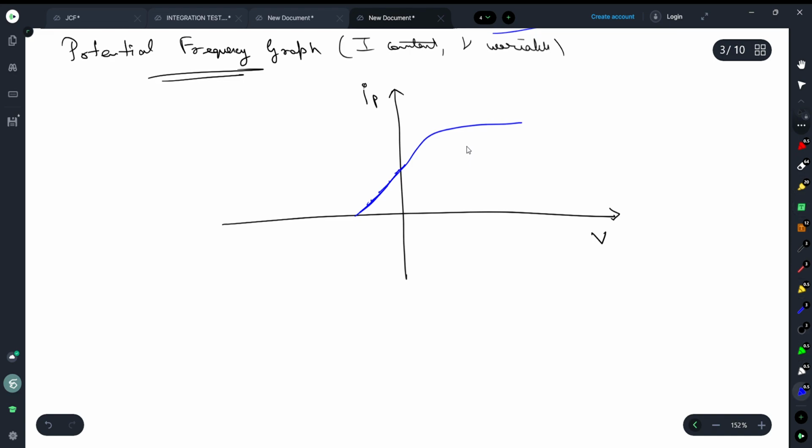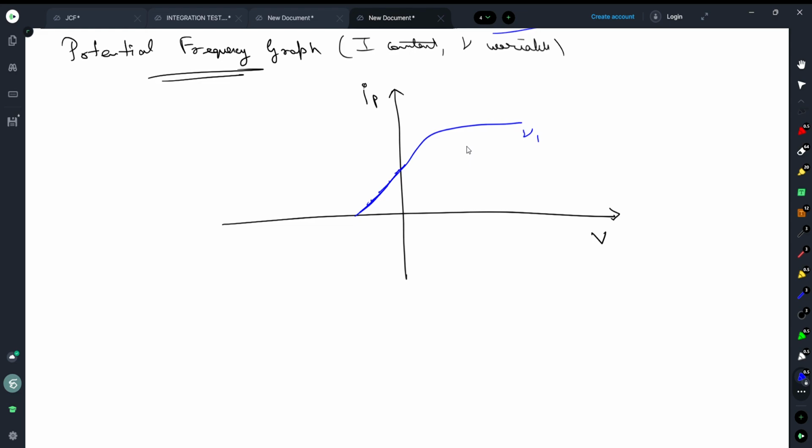Okay. So what is happening, suppose this has the frequency say nu1, let's say. Now we change the frequency, we take some other frequency nu2, and we find that the saturation current is the same, but the stopping potential has changed at this moment.